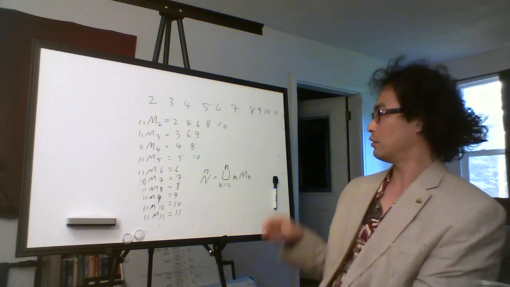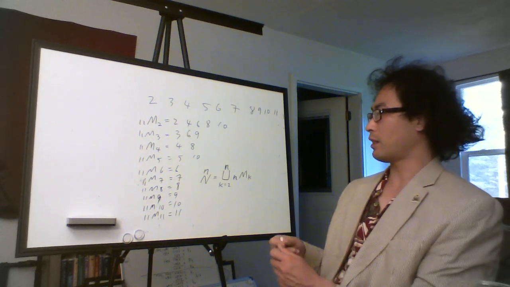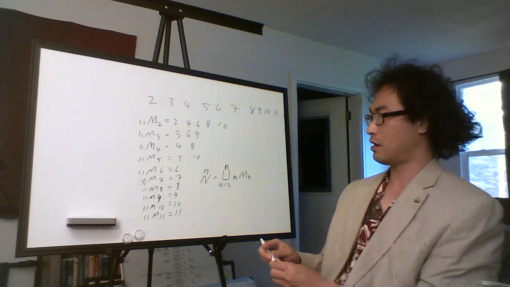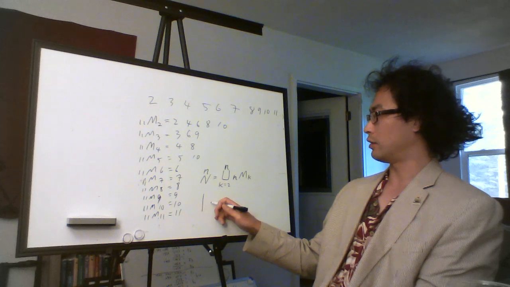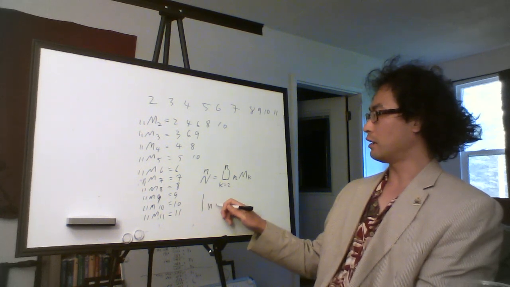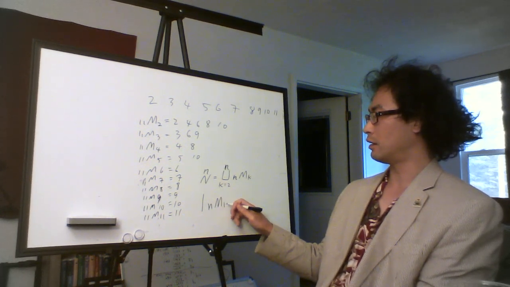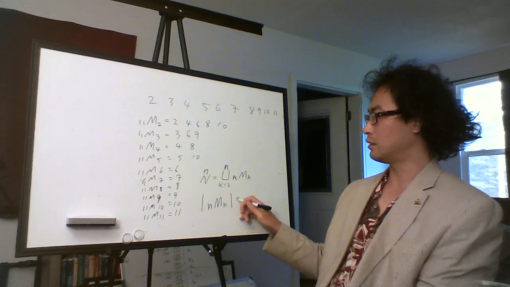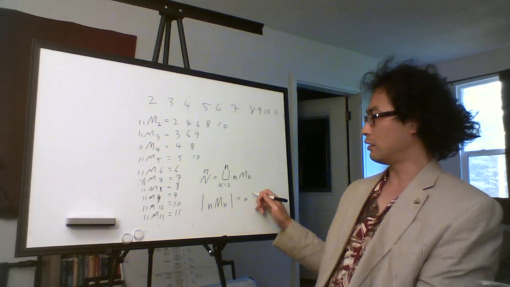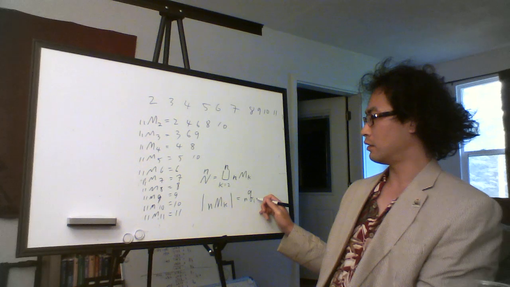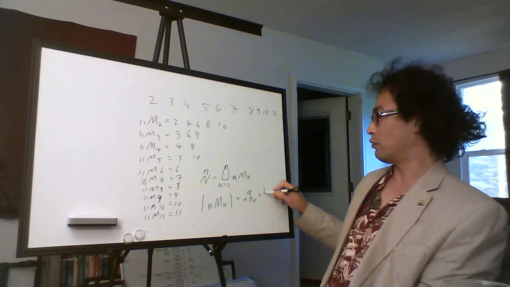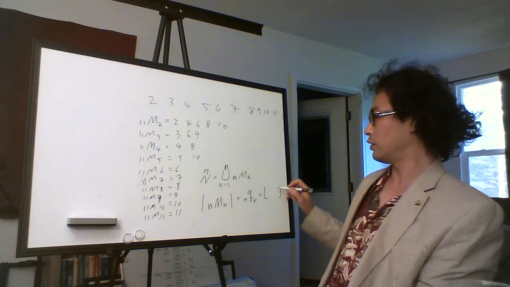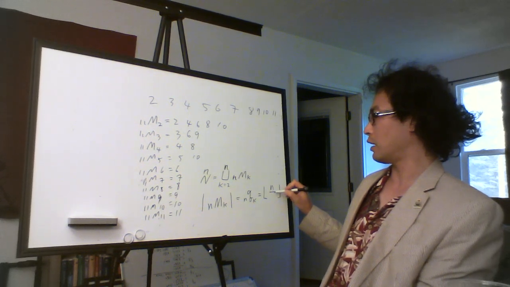So the absolute value of M_k in N is N quotient k, which is better known as the floor function of n divided by k.